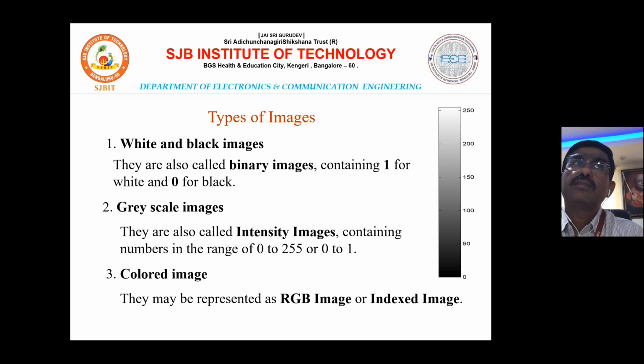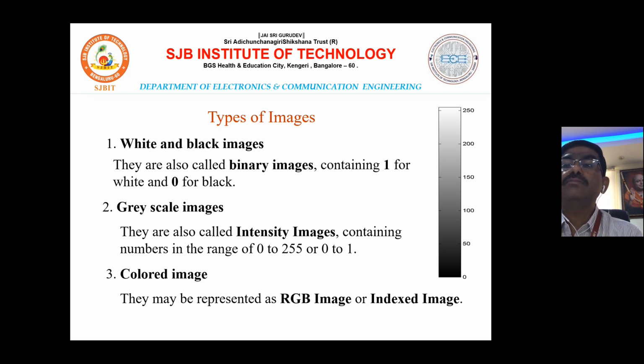Similarly, another type of image is the gray image. The alternate name for the gray image is intensity image. Here the intensity values range from 0 to 255. 0 is nothing but, as per the previous type, the binary image, 0 only. 255 is nothing but 1. In between 0 and 1 we have 255 levels, 0 to 255, totally 256 levels.